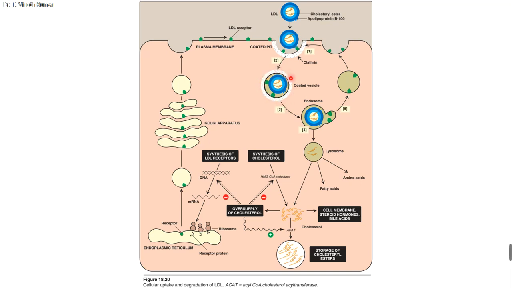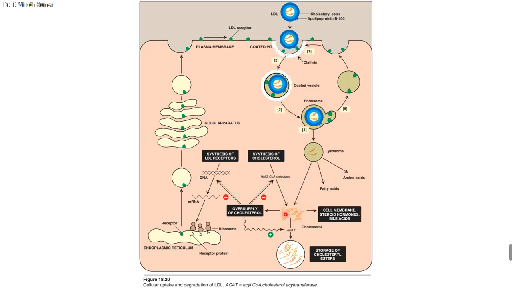Now the clathrin coated vesicles are formed. You can see the white dots are clathrin coated vesicles, and this vesicle fuses with the lysosome. The LDL receptors are not completely digested and are recycled to the cell surface. The remaining lysosome-fused LDL liberates fatty acids, amino acids, and also cholesterol.